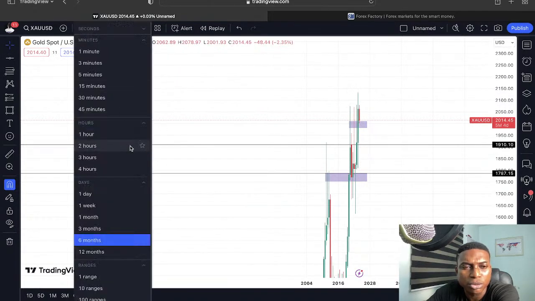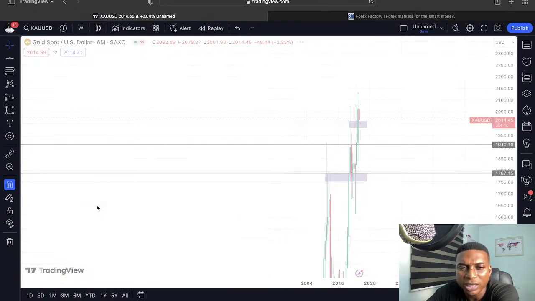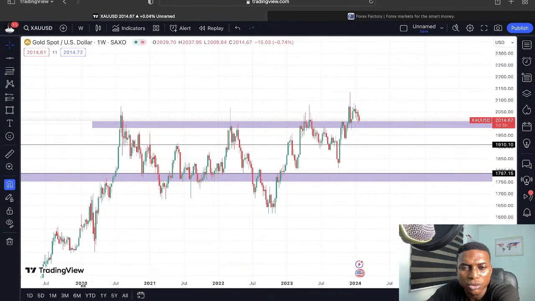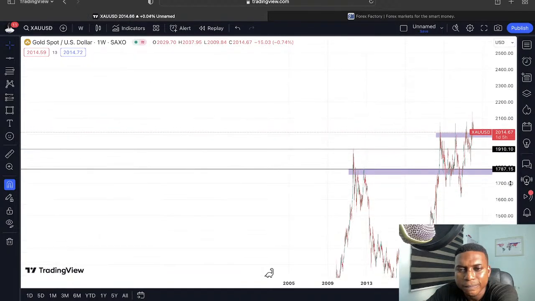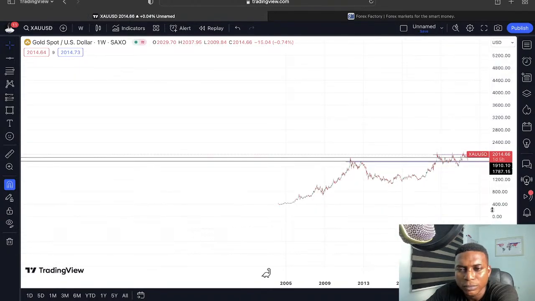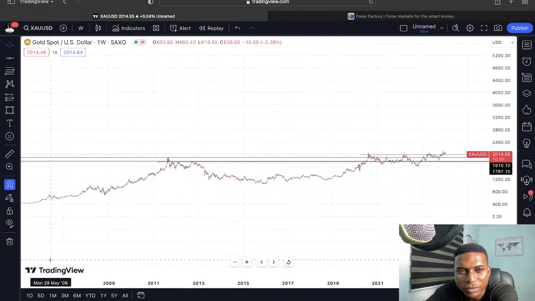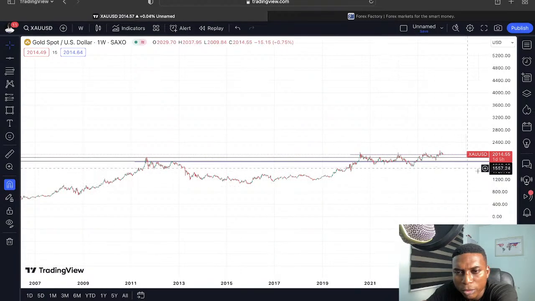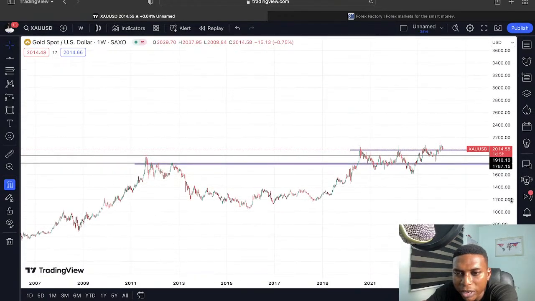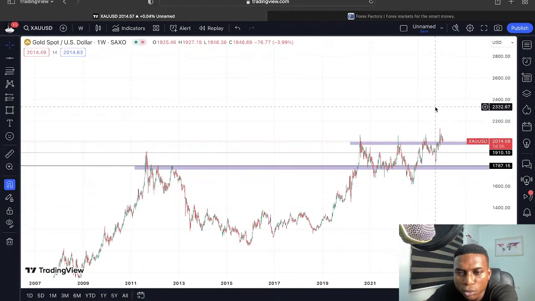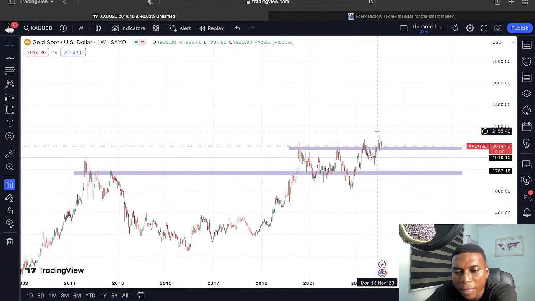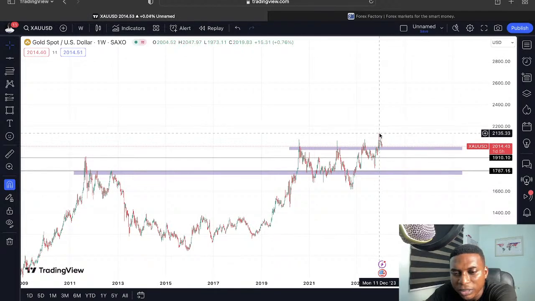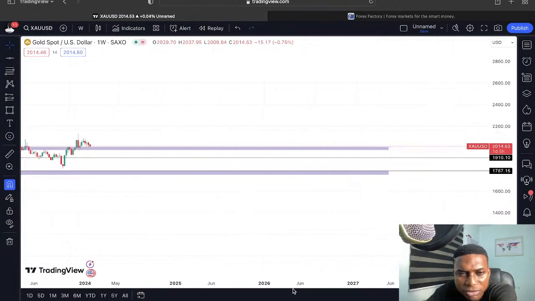So let's go down to the weekly time frame. Now we are at that level where gold has not gotten to for a long time, and now it got to that level in 2023.